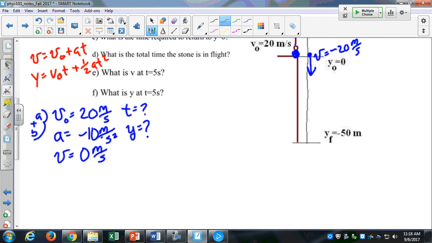So if I want to know T, I know V naught, I know A, and I know V. So I can solve that for T. I just have one unknown. So I say T equals V minus V naught divided by A. What I did there is I subtracted V naught from both sides, so I got rid of that, and then I divided through by A. V minus V naught over A.